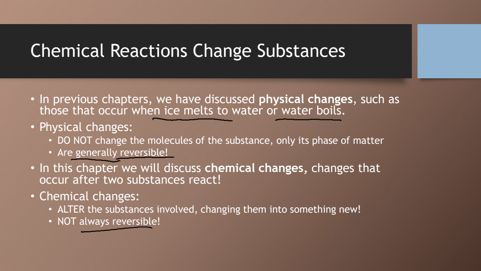Not only are they not always reversible, generally you have to do something completely different to reverse them. As opposed to freezing and melting water, which is a pretty simple process that you could reverse over and over again. When you burn gasoline in your car, it's pretty hard to put the gasoline back into the car.